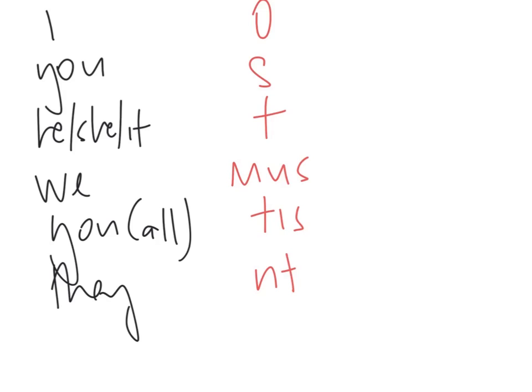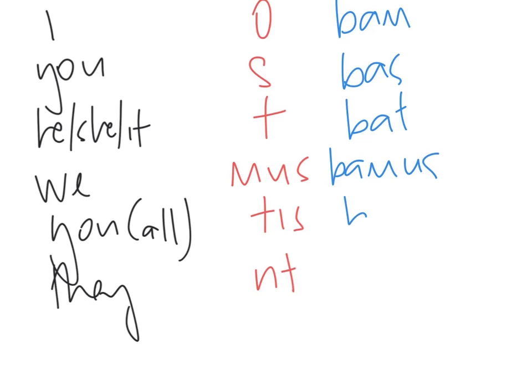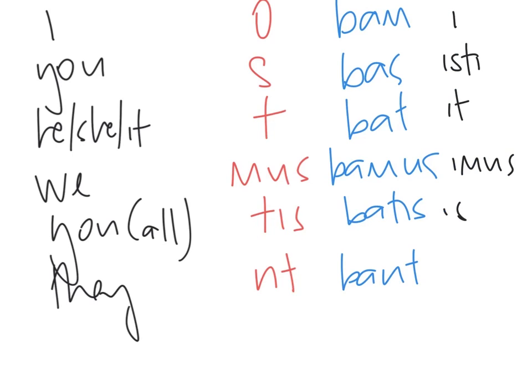For the imperfect tense, or verbs which were being done in the past, they go bam, bas, bat, bamus, batis, and bant. And for perfect tense, or verbs that were done in the past, they go I, isti, it, imus, istis, and erunt.